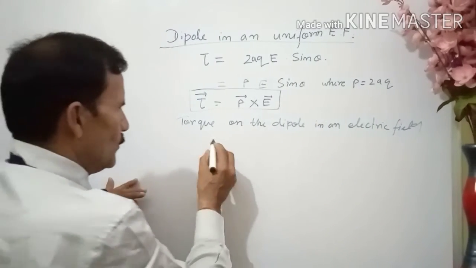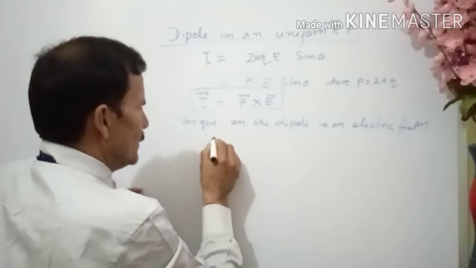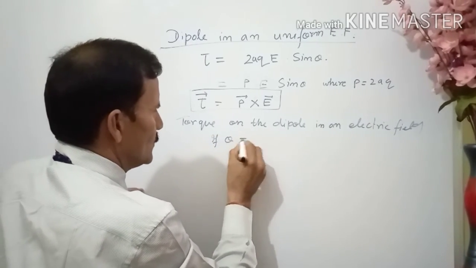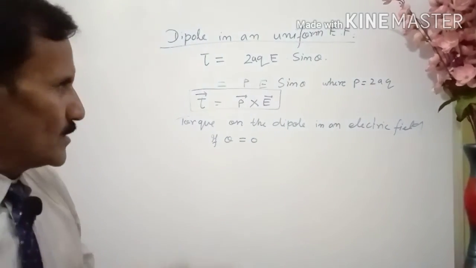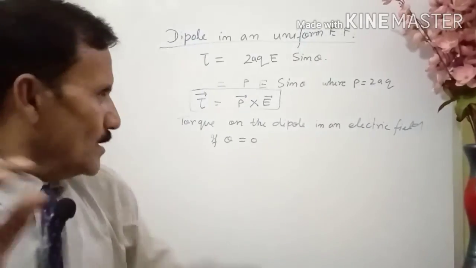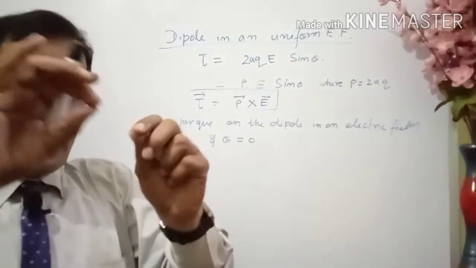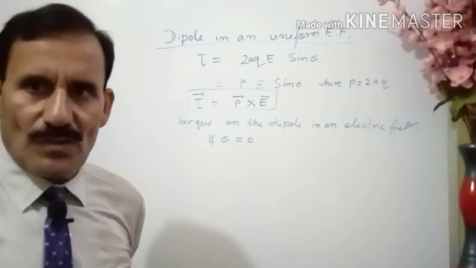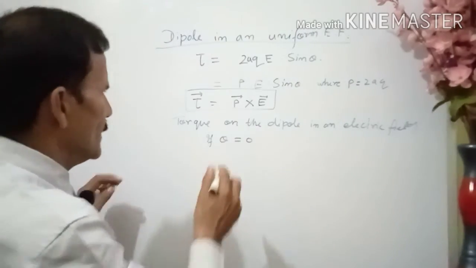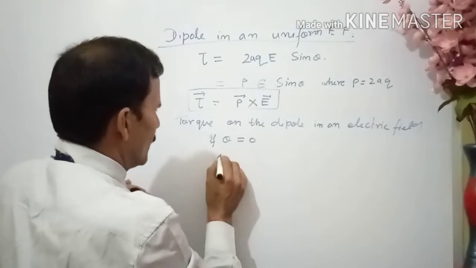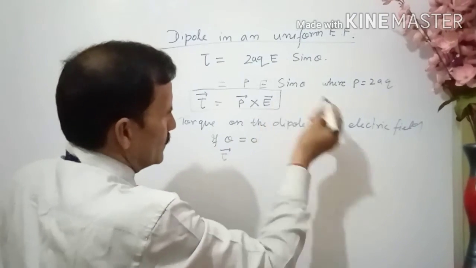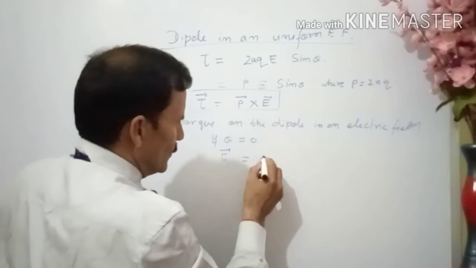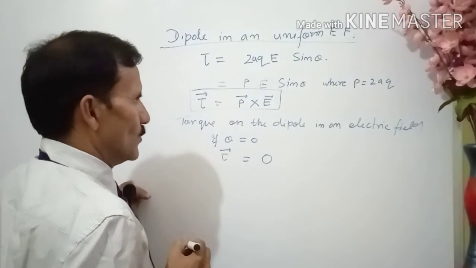It is 0 when theta is 0, which means the dipole is in the direction of the electric field. In that case the torque will be sin 0, which is 0, so it becomes 0.